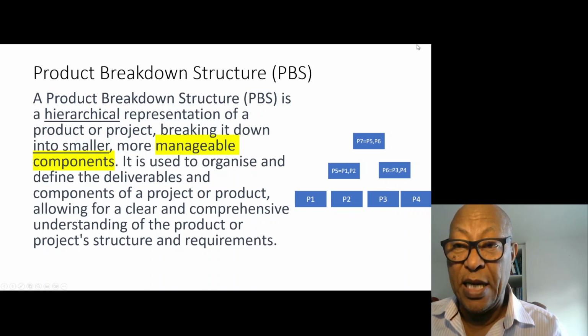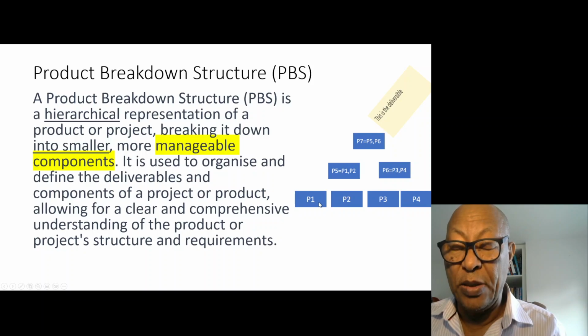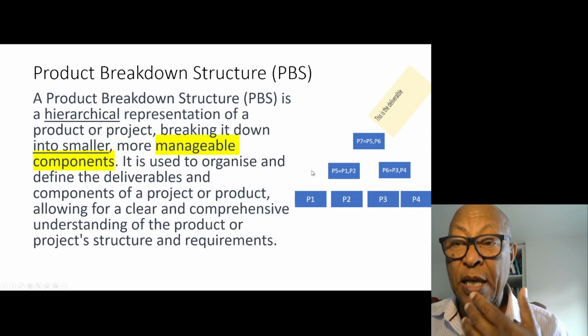In this scenario, P7 is the deliverable, and breaking down these products enables us to make sure we haven't forgotten any element, whether it is P1 or P2. So all elements are addressed.